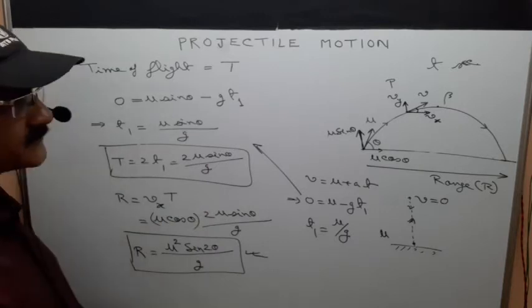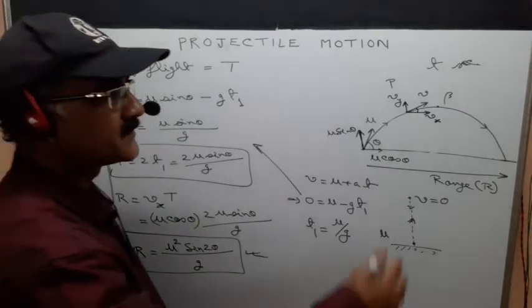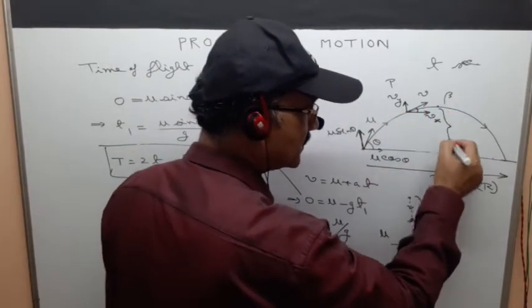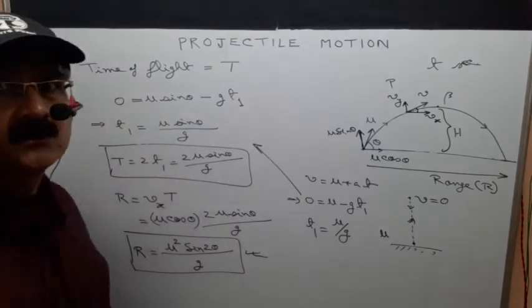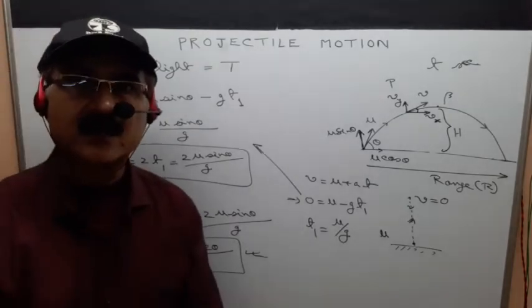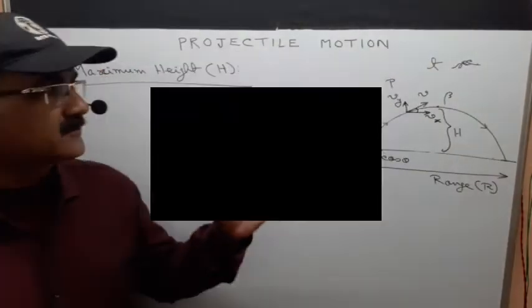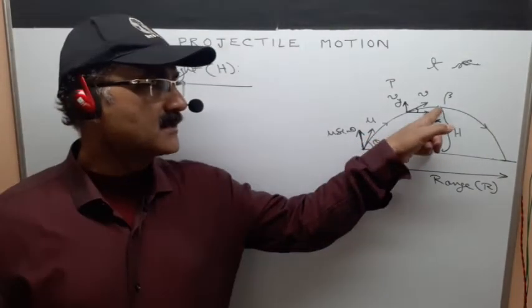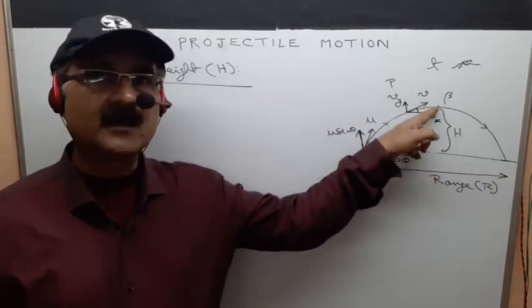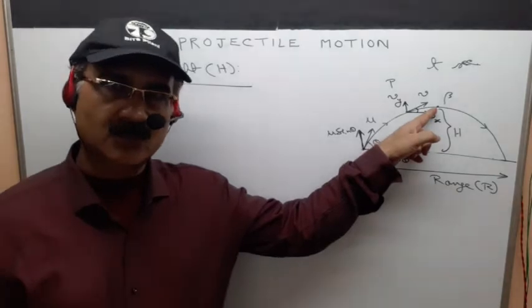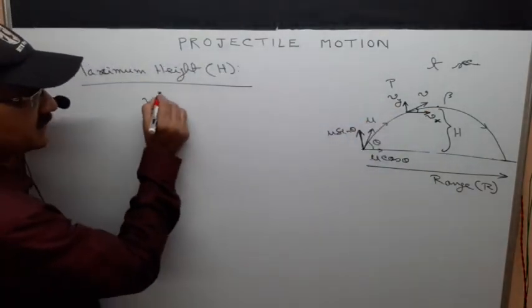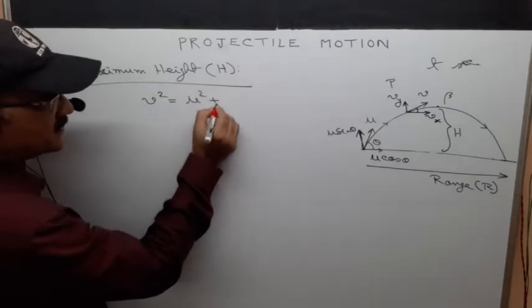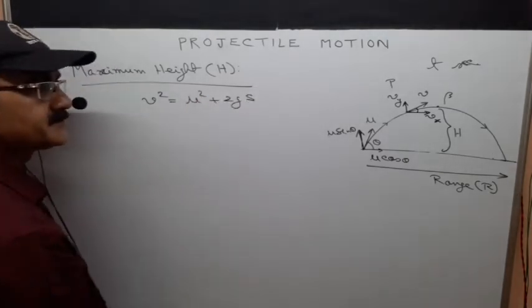Now let's say, what is this distance h? How high it can go? We call it maximum height. Now we want to find this h, the maximum height. Now we can use this equation, v square equal to u square plus twice gs.